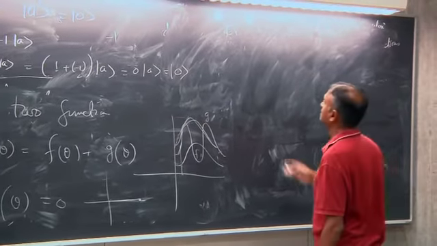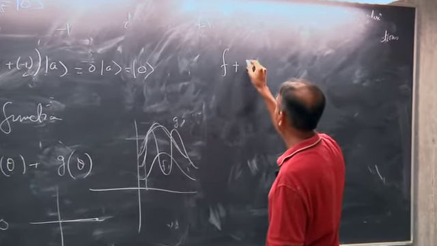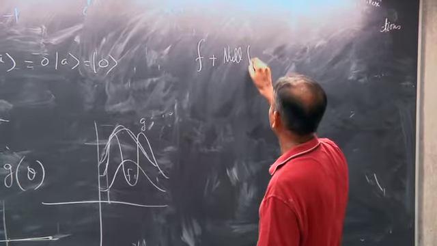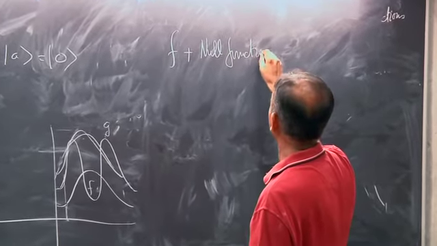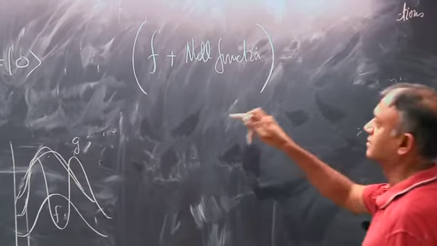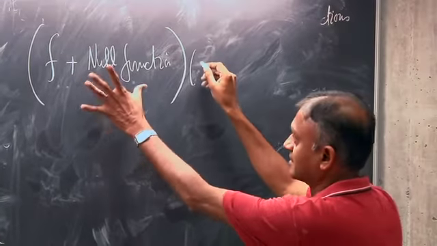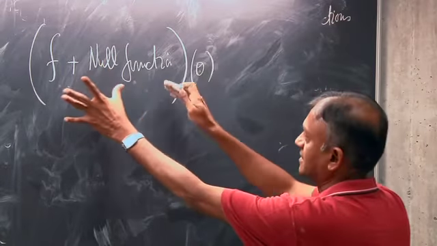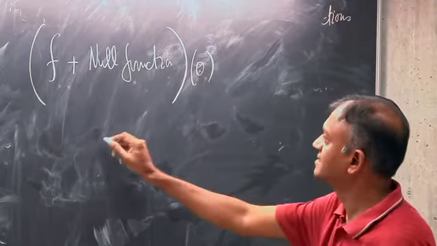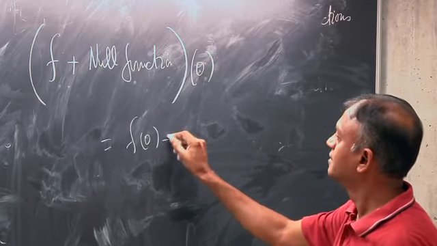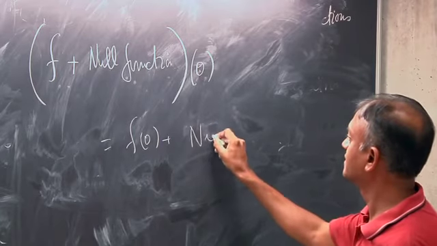So I want to see if I take a function f and add to that the null function. Now the rule of addition was that if I evaluate the result of this function on theta, that is the same as f of theta plus the null function evaluated at theta.